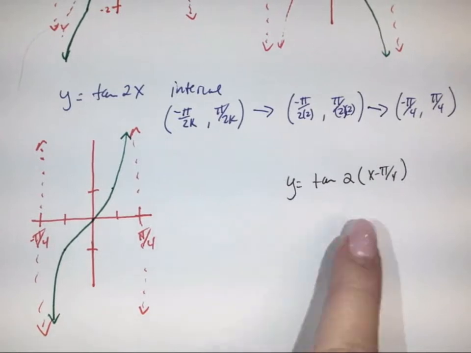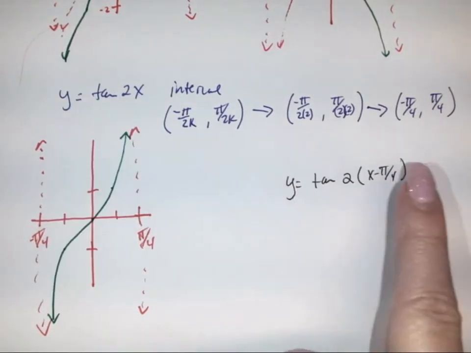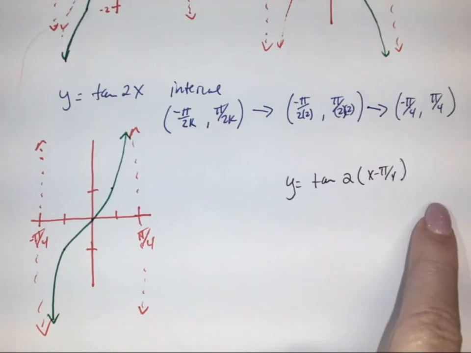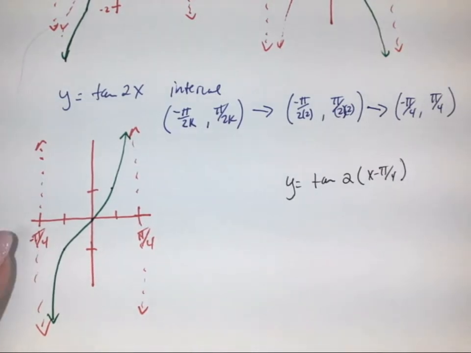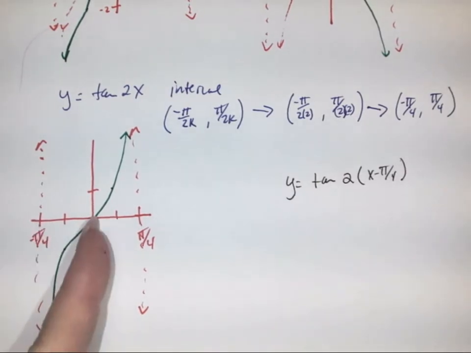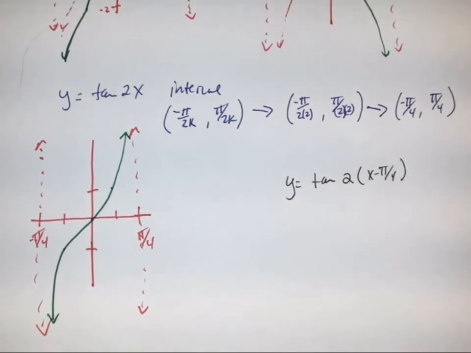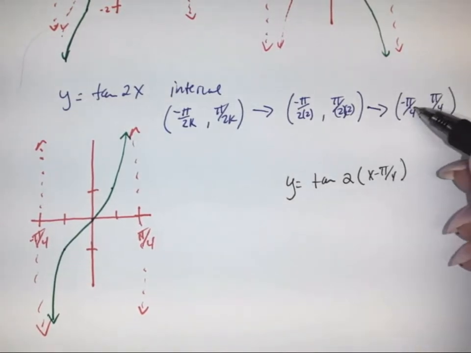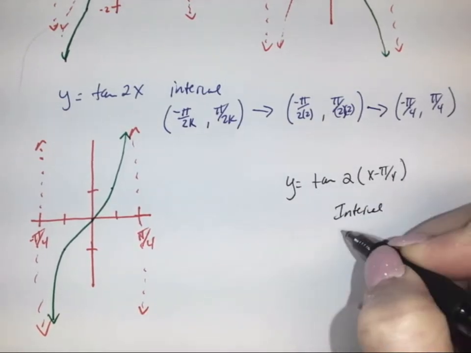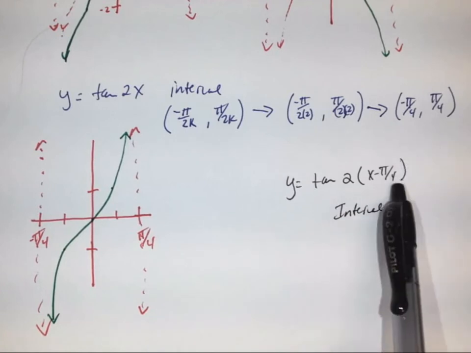All right, so this is basically the graph we just had of 2x, but now we're going to shift it pi over 4. So we can look at this graph. It's going to shift to the right, so it's going to be scooched over pi over 4 because we're shifting it. So now our interval we knew was negative pi over 4, so for the interval, we are adding our b.